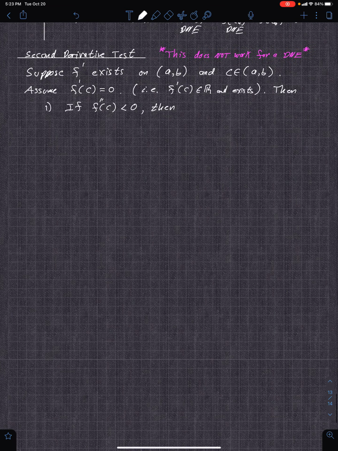Okay, so f double prime of c less than 0 implies concave down. Just put a little picture here. That's concave down. Then f has a local maximum at c.